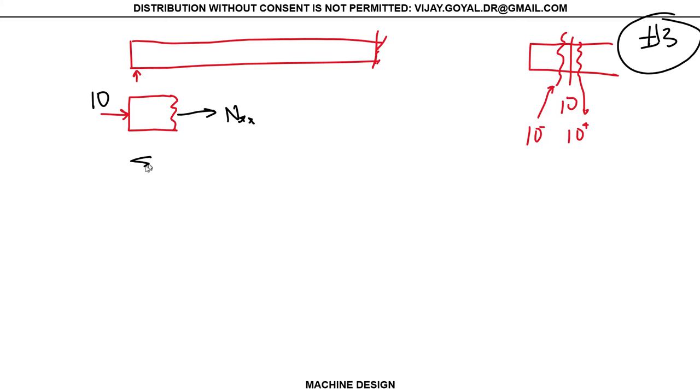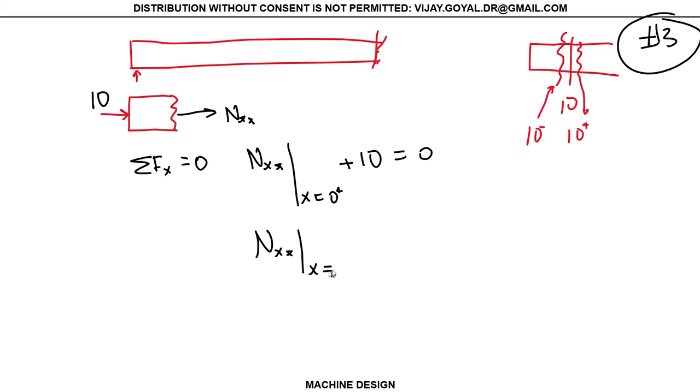Then you will do a summation in X, and that will say 0. That would tell you that NXX at X equal to 0 plus, plus 10, is going to be 0. And that would give you NXX at X equal to 0 plus is going to be minus 10.